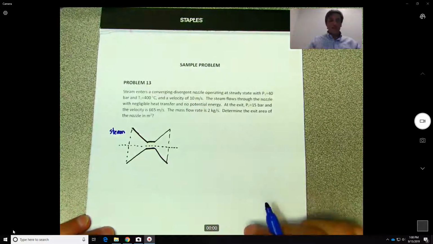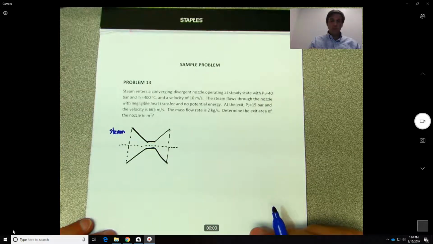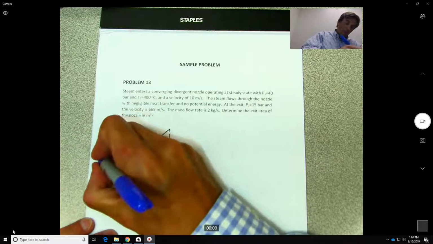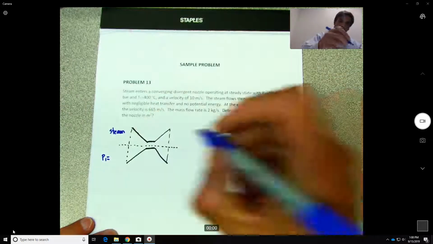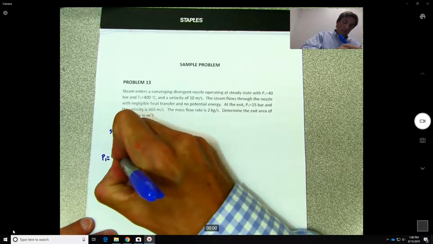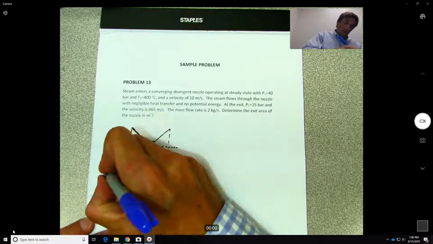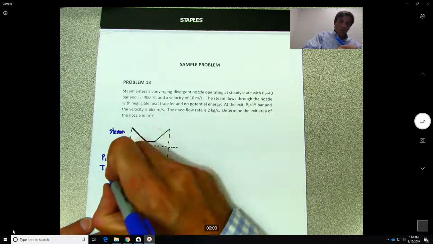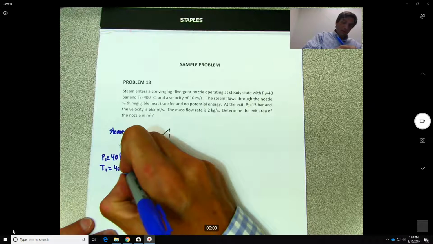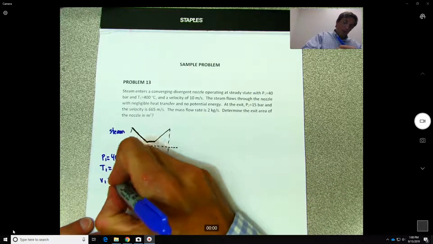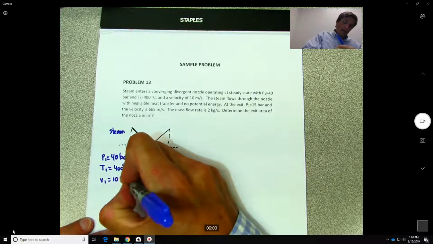so we know the state, enters a converging divergent nozzle operating at steady state with P1. So on this side we have P1 equal to 40 bars and T1 equal to 400 degrees Celsius and a velocity of 10 meters per second.